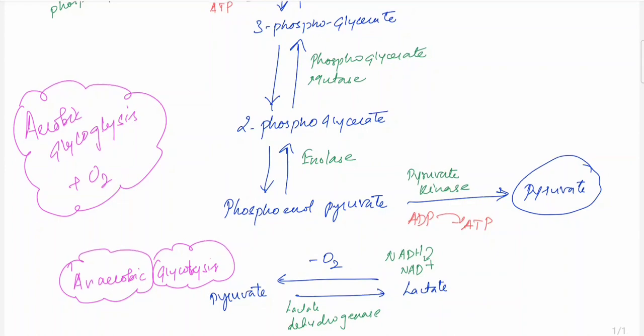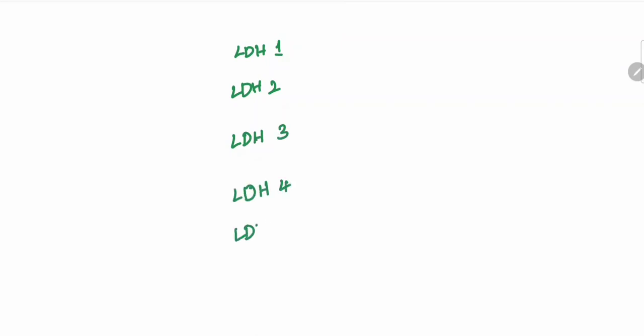Also this LDH, or lactate dehydrogenase, occurs in various forms in our body, such as LDH1, LDH2, LDH3, LDH4 and LDH5.